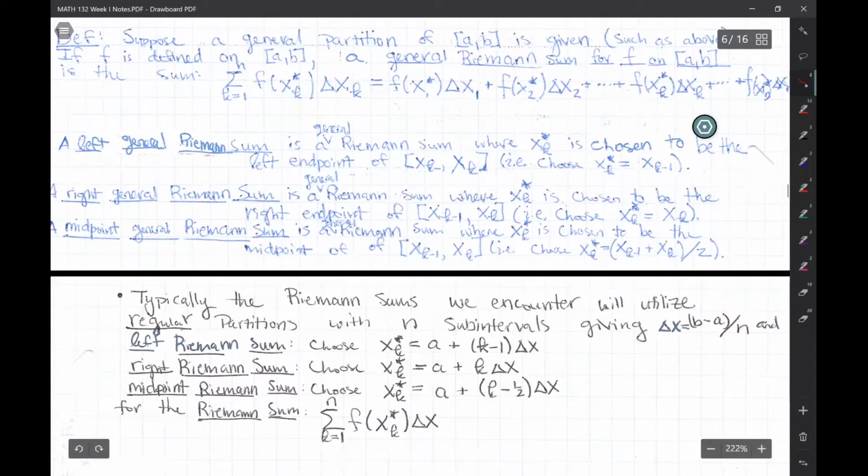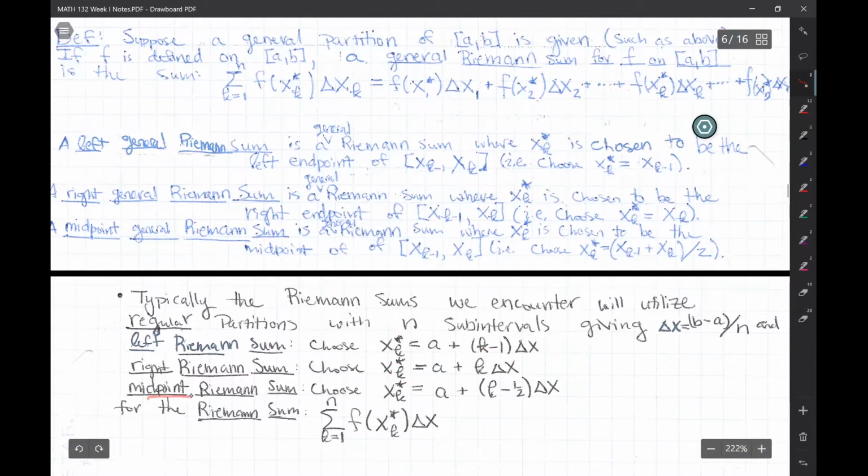And so a left Riemann sum would be one where we choose the left endpoint. And now we could actually get a formula for xk star, the special point that we choose to evaluate the function at in that subinterval. If we chose the right Riemann sum, we would have that formula for the special point, this with the asterisk.